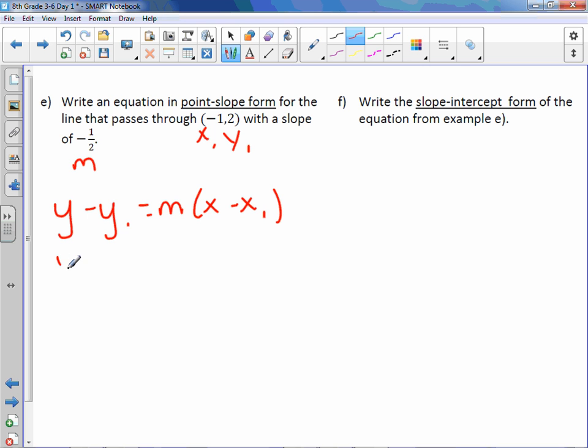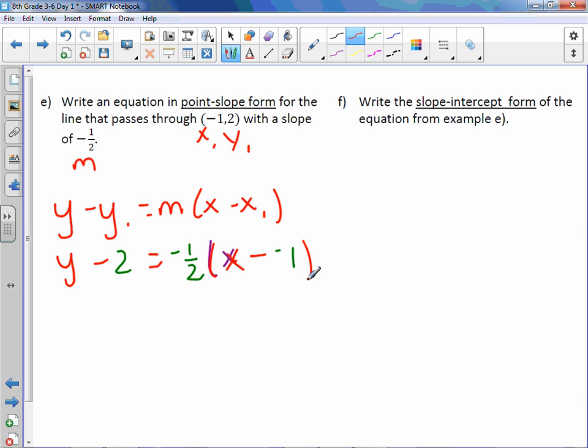Plug in what you know. y minus our y1, which is 2, equals our slope, negative 1/2, times the quantity x minus our x1 value, which is negative 1.